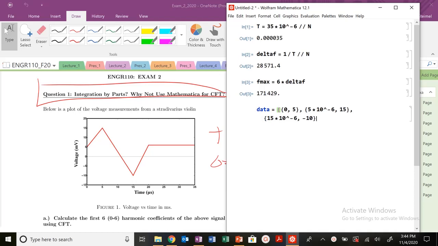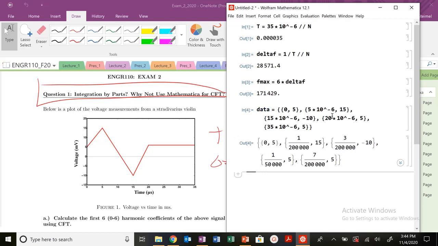At a time value of 20 times 10 to the minus 6, I have a value of 5. And finally, at a time value of 35 times 10 to the minus 6, I have a value of 5 again.